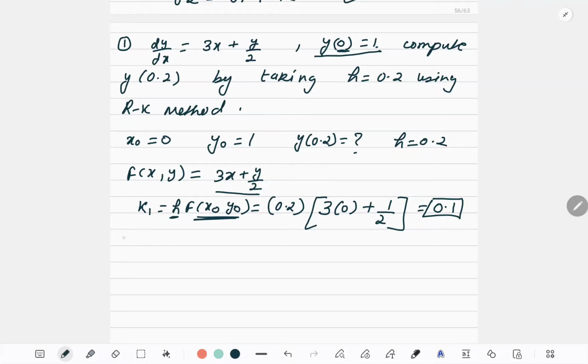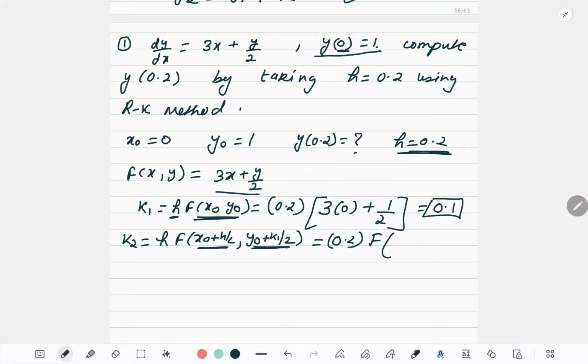Okay, now let's move to the value of k2. So k2 is h f of x0 plus h by 2, comma y0 plus k1 by 2. Now understand it carefully. h is 0.2, no problem. Here it is important that you figure out the value of these two terms. x0 is 0 plus h by 2. What is h? 0.2.